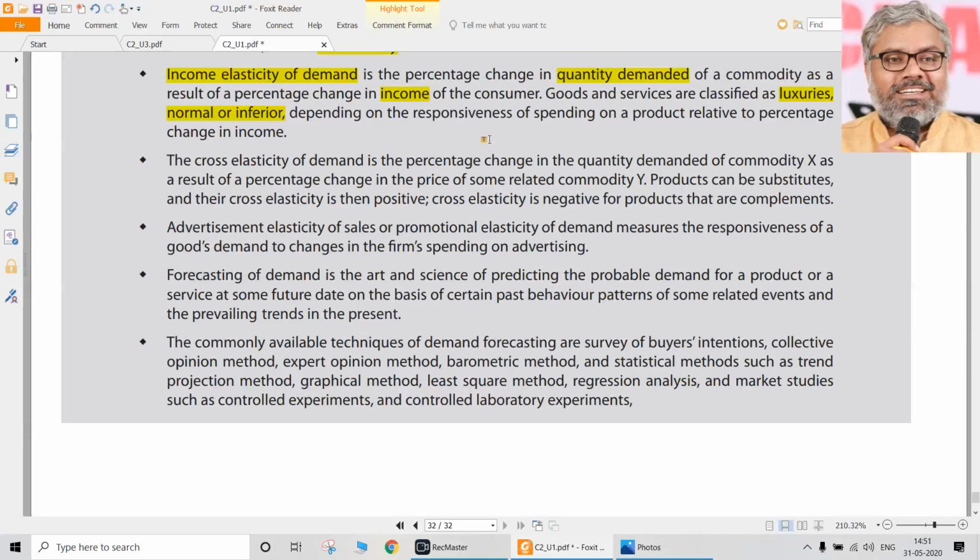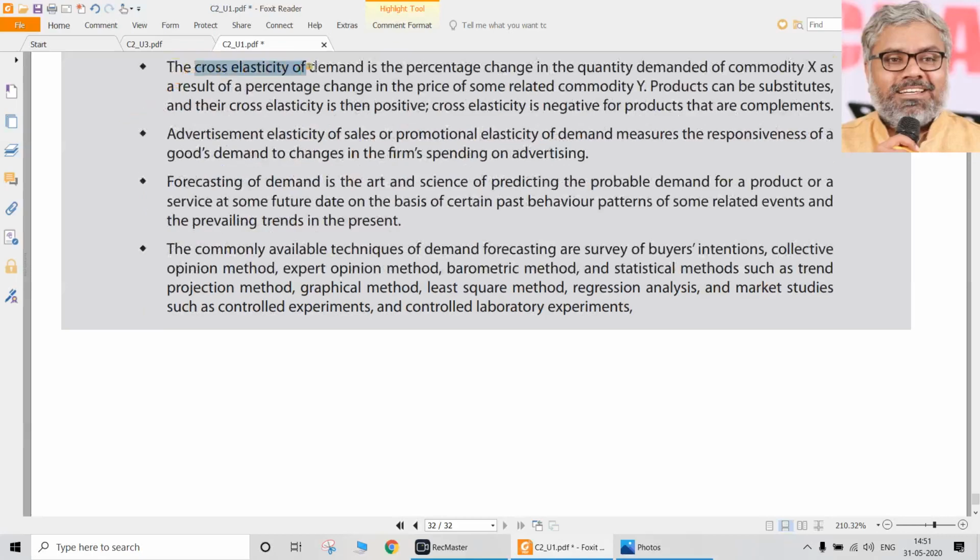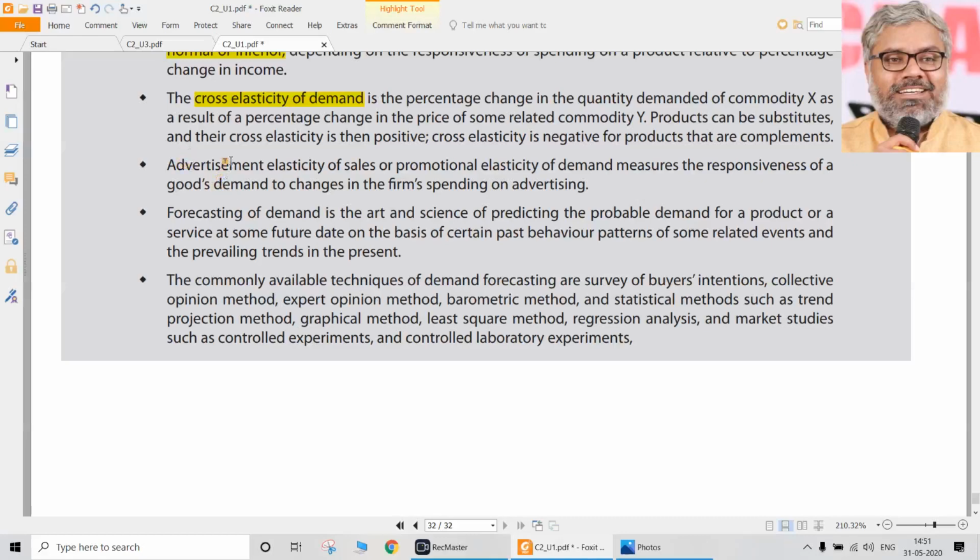That's an exception. Normally, income and demand are directly related. Exceptions always will be there, and one of the important exceptions is inferior goods. So this is the categorization of goods on the basis of income elasticity of demand, which we also discussed in the earlier sessions. Then what is cross elasticity of demand?